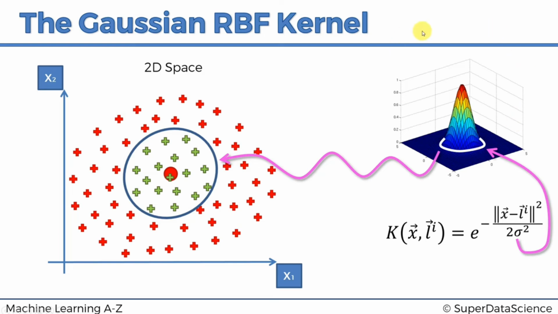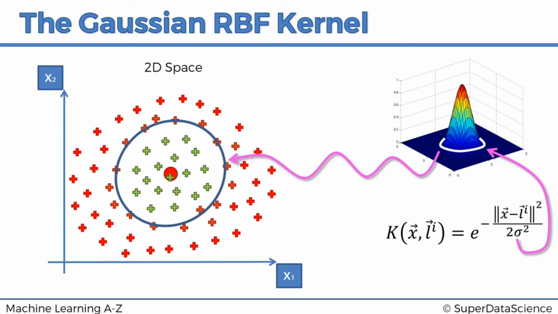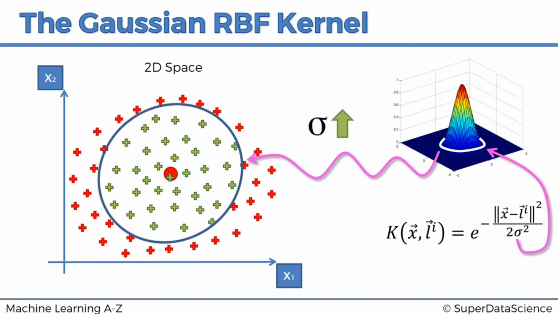Yes, we have this visual representation that involves a higher dimensional space, but if you look at the computational part, we're just calculating this formula, and then we're saying if this is equal to 0, then assign class red. If this is greater than 0, then assign class green. If you look at the computation, it's actually happening still in the two-dimensional space, and that's called the kernel trick.